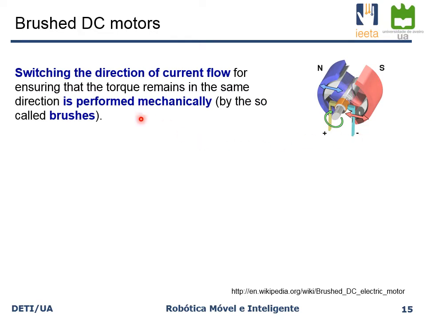So the switching of the current flow direction is performed mechanically by what we call the brushes. There is a mechanical contact here. This will wear over time, so this is one of the problems of this kind of solution, and this is also the reason why we call these motors brushed DC motors.